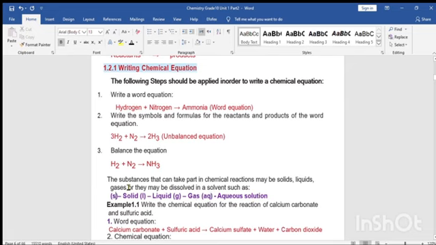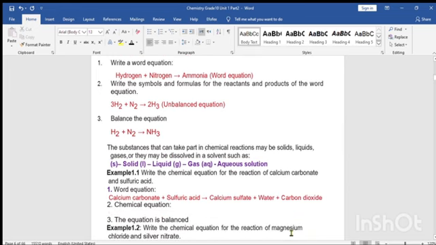Okay, that's example 1.1. Write the chemical equation for the reaction of calcium carbonate and sulfuric acid. Calcium carbonate means CaCO3, sulfuric acid H2SO4, calcium sulfate CaSO4, water H2O, CO2. Therefore, the equation for this word equation looks as follows.